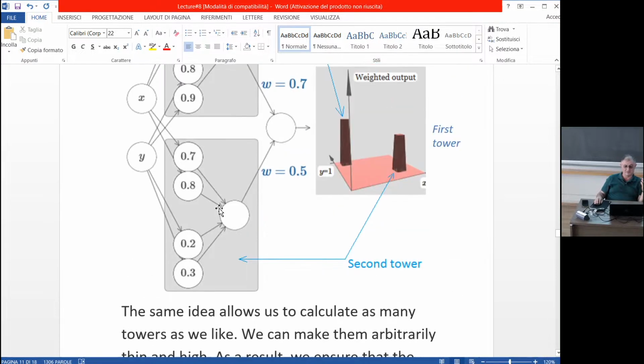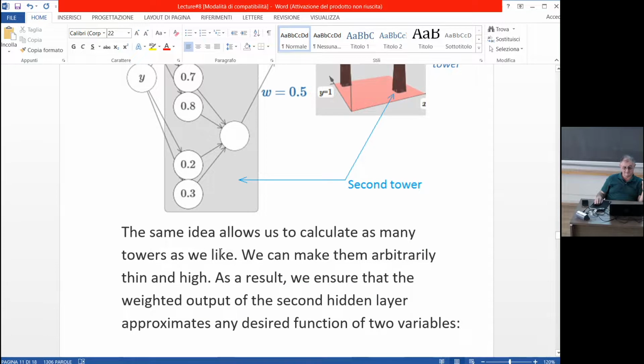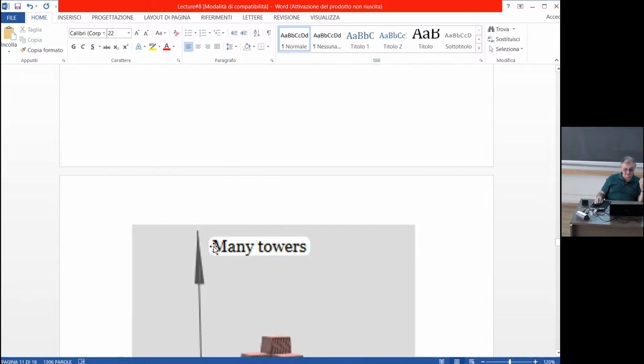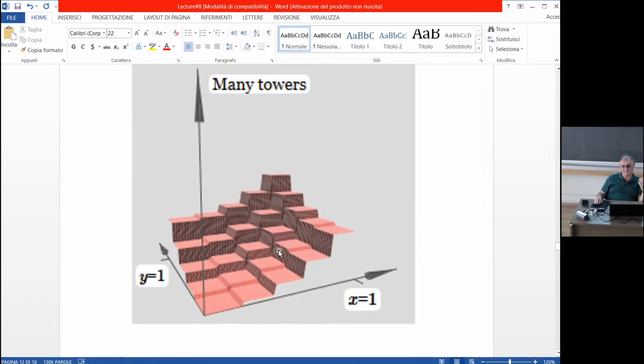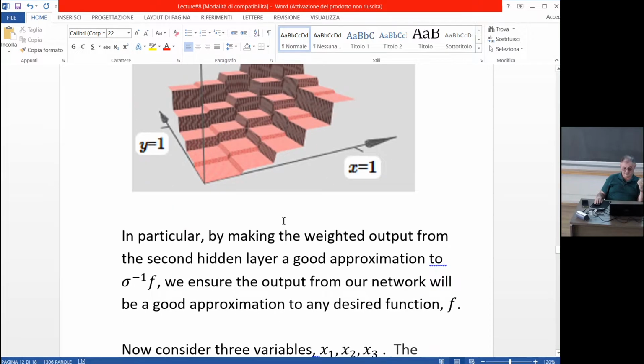So we control the height, and also the thickness, by x and by y coordinates. So we have the possibility in this situation to construct many towers, a construction which can approximate the function.